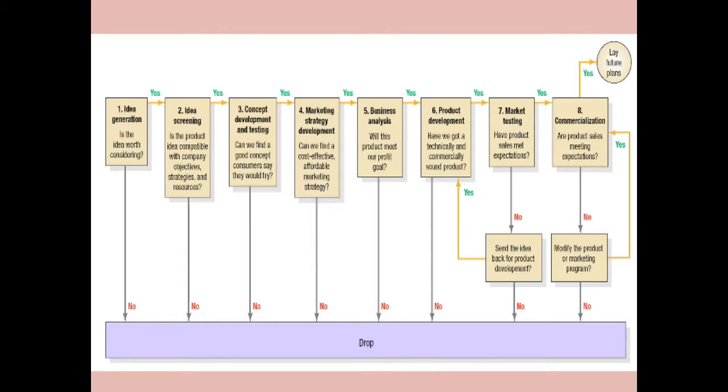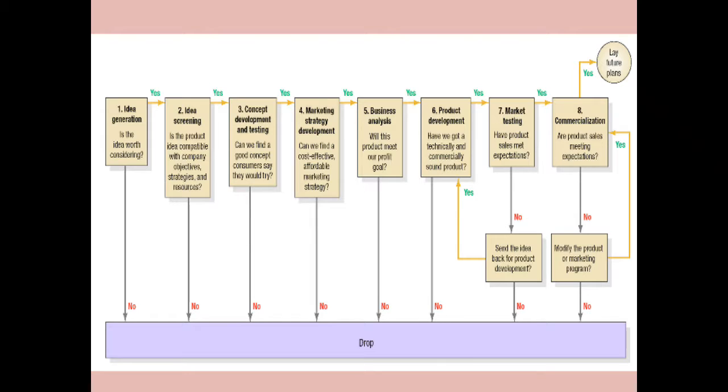At any of these steps, it might so happen that there is some negativity or some error associated, and when that particular error arises or is cited, then one needs to drop that idea and go back to the drawing board to recreate the idea associated with the product.